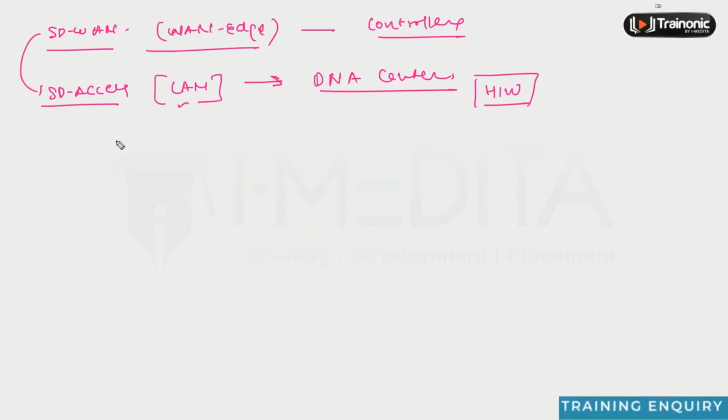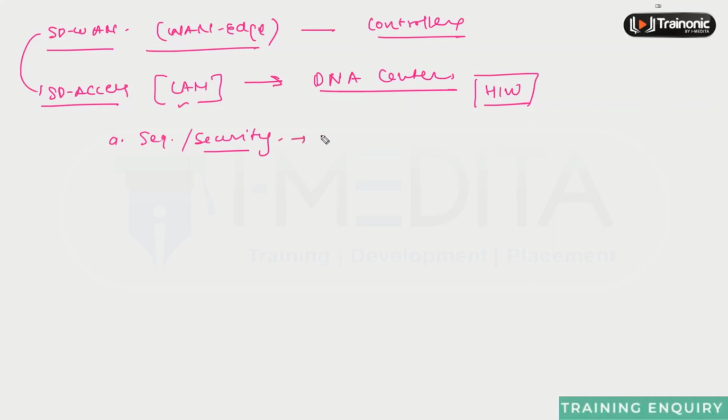So among the different challenges that we were having in the LAN environment, one of the important ones was segmentation, or we can say a security challenge, where we could use VLANs or different access control lists.